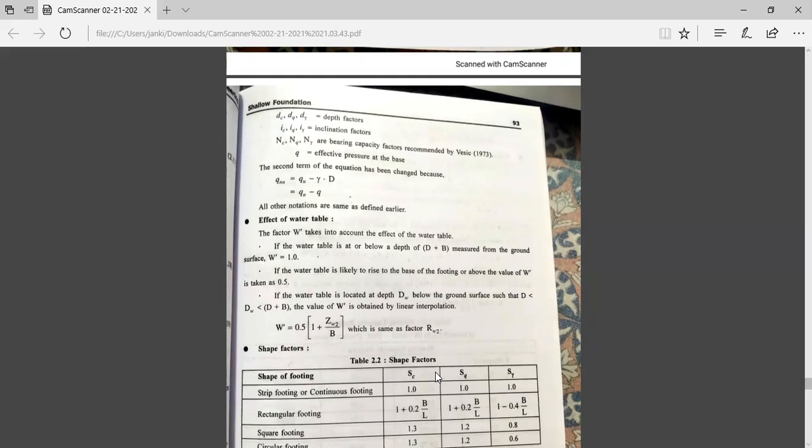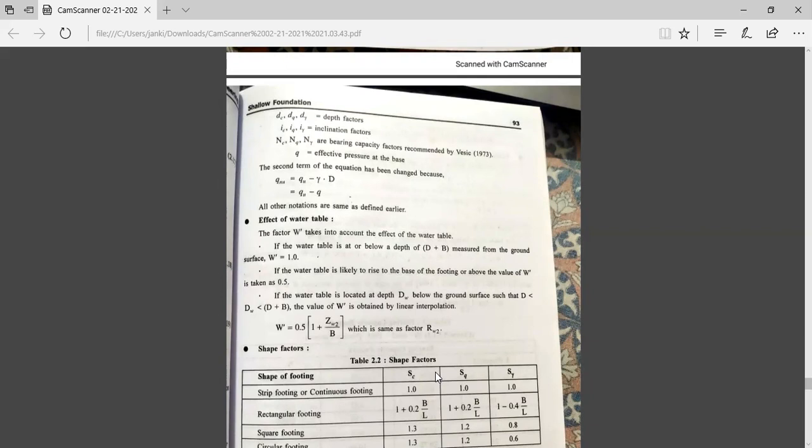For the effect of water table, the factor W' takes it into account, right? If the water table is at or below a depth of D + B measured from the ground surface, then W' is equal to 1. If the water table is likely to rise to the base of the footing or above, the value of W' is taken as 0.5.